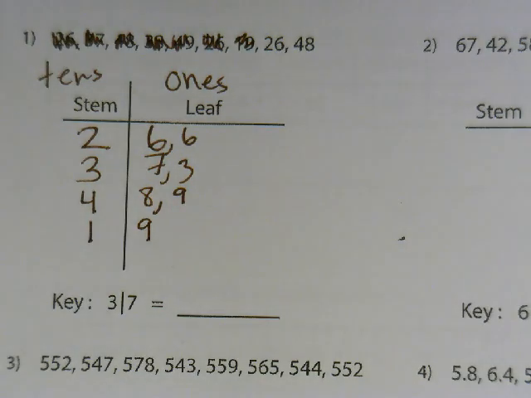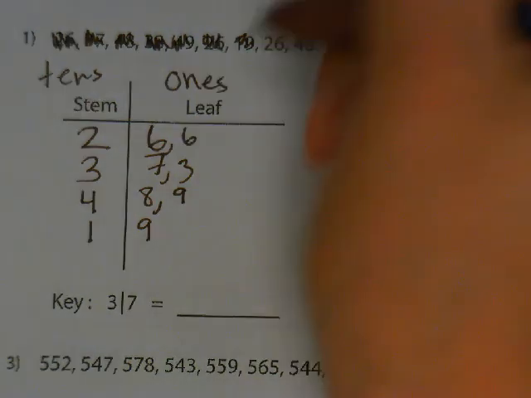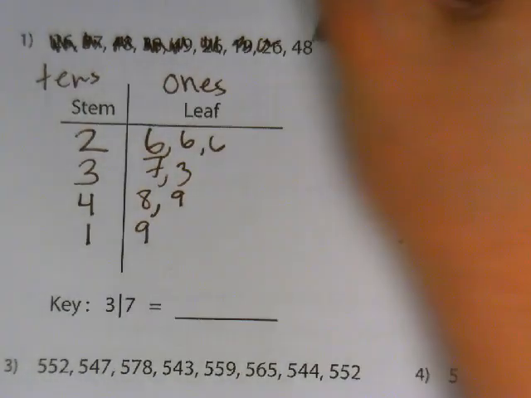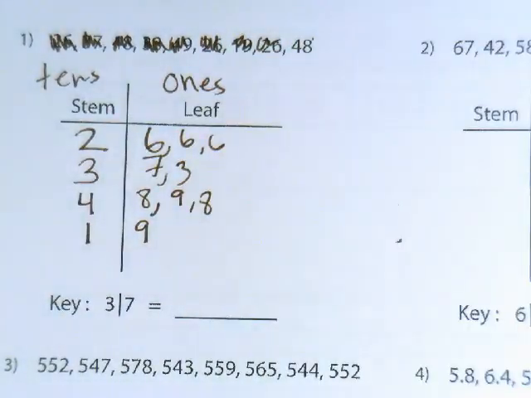Okay, 26. Next to the 26, right? So I just need another 6. So all you're doing is, if you already have the first number, the tens, don't repeat it. You're just going to write down the ones, the second number. So this would be another 6. And then the 48 would go right there.